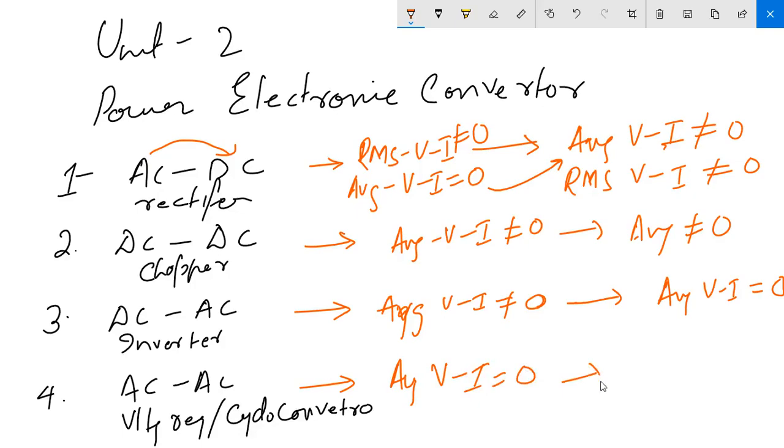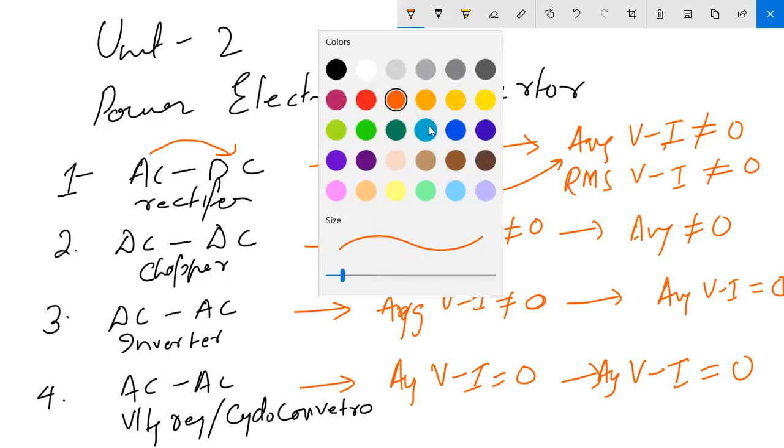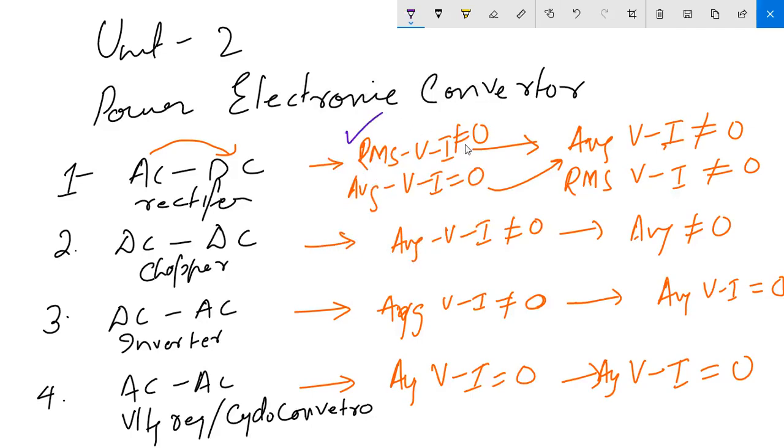So basically the converter property is that it is playing with the average value of a waveform. The average value for an AC side is 0, but for a DC side is not equal to 0.